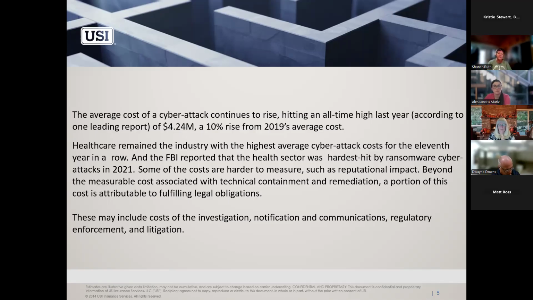When we talk about a cyber attack and the cost involved, it's not just the cost to you, the practice. There is an investigation depending on what was breached or stolen. I'm sure authorities are going to be involved to try and investigate who actually did it. Your notification costs are not cheap. When the state of Delaware and the government tell you that you have to notify your patients, it comes at a cost.